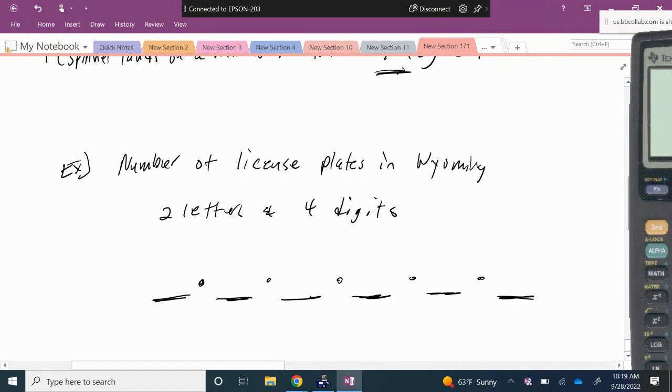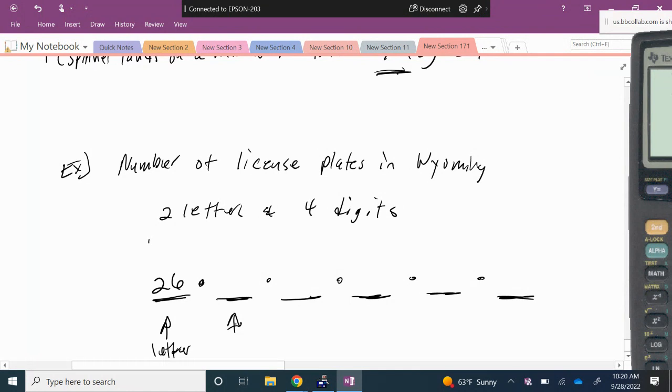So that's a total of 6 characters altogether, right? 2 characters are letters, and then the last 4 digits. So for the first choice, this has to be a letter. How many letters in the alphabet? 26 choices, right? You can have A through Z, which is 26. So for the first choice of character, I can have 26 letters to choose from.